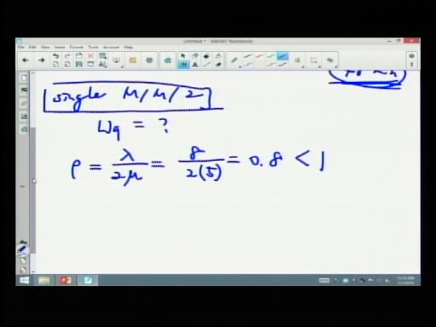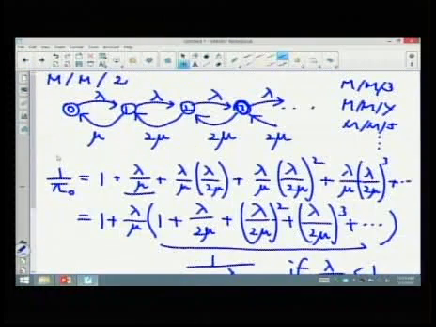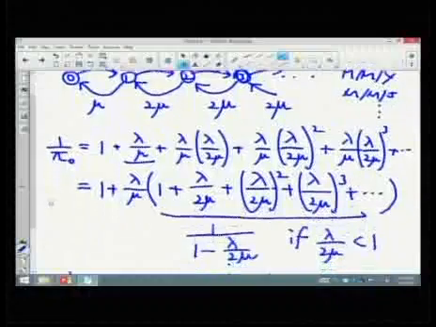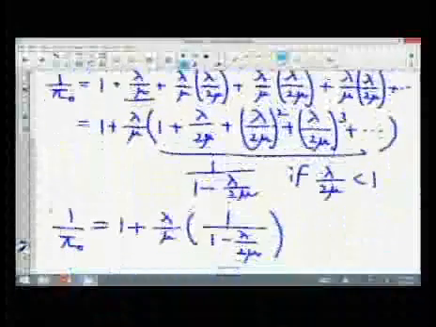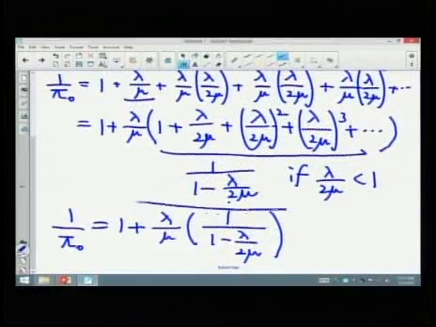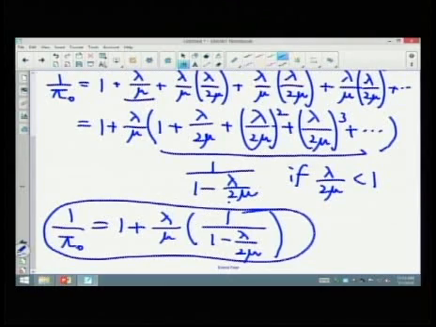So in that case, you should be able to get pi 0, okay? Using the formula we just derived earlier.